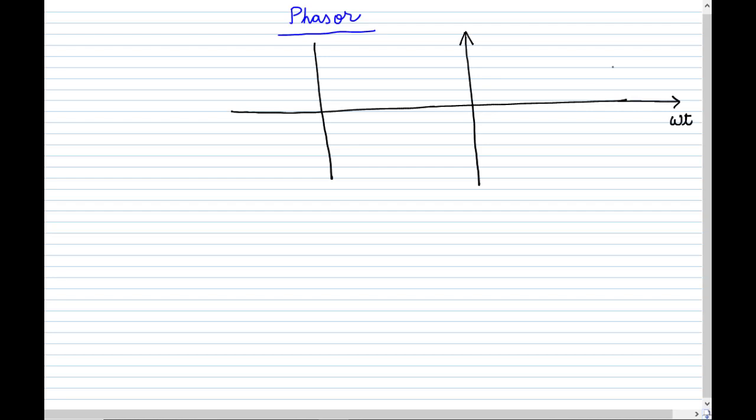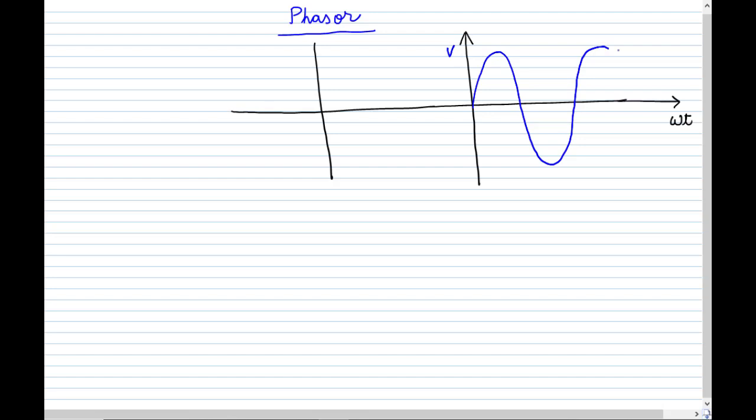So first of all, in the third part, we will draw a cycle of voltage and current. So let us draw the cycle of voltage. So this is what is our voltage V. And then we want to draw the current.